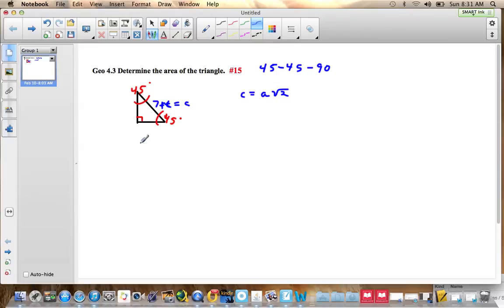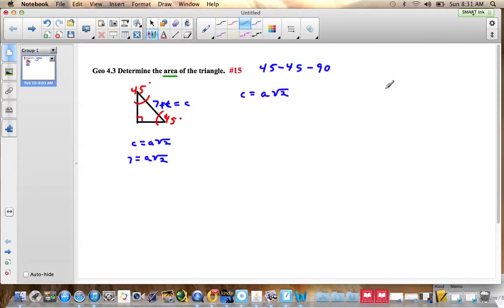So if I say that C equals A times the square root of 2, then what I'm saying in this problem is that since 7 feet is C, 7 equals A times the square root of 2. Now the ultimate goal in this problem, as we can see, is that it wants us to find the area of the triangle.